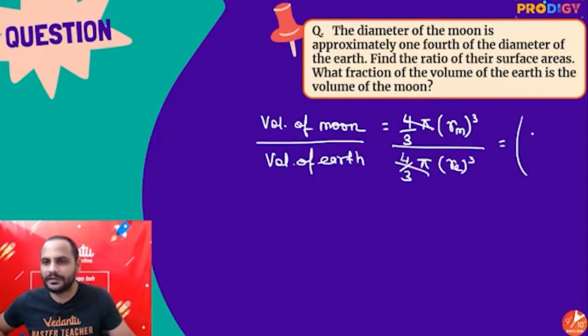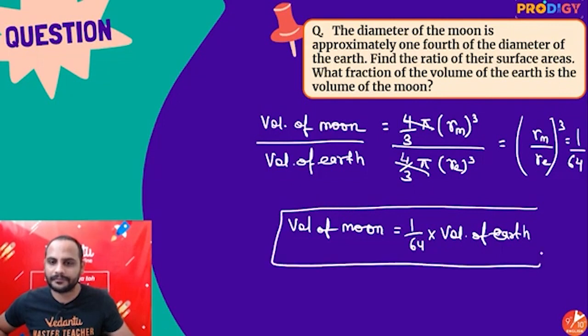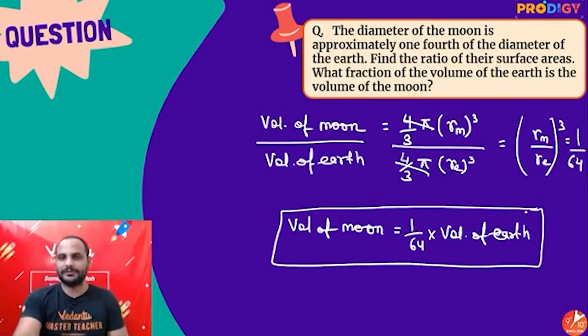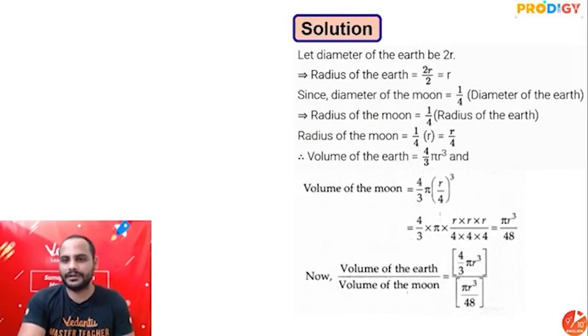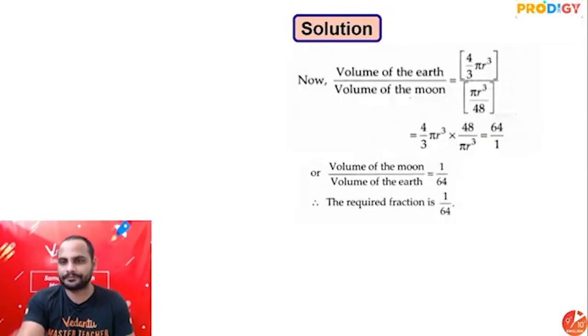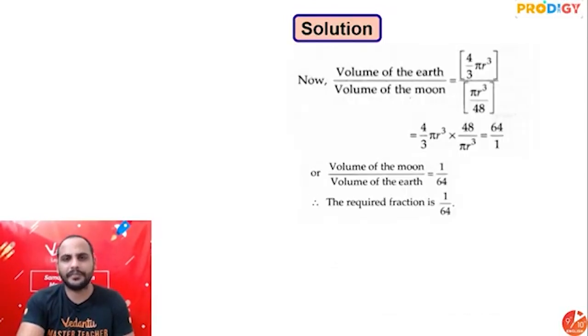So this is again radius of moon upon radius of earth whole cube, which is 1/4 whole cube, so 1/64. So I can clearly say volume of moon is equal to 1/64 times the volume of earth. Right? Clear? Pretty easy.